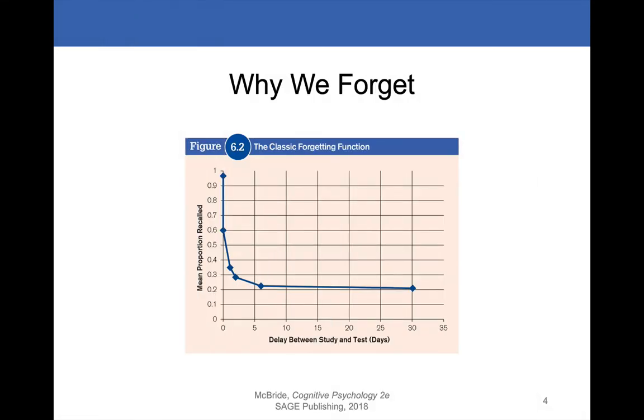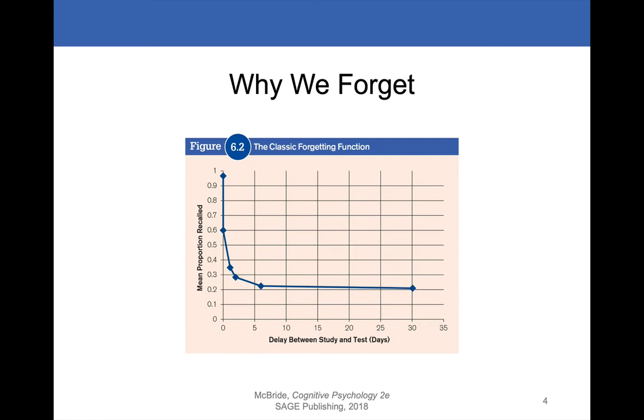This is a picture of Ebbinghaus's classic forgetting curve. Along the x-axis, we have the number of days between study and test. So each one of these dots on this line represents a different time that you were tested on something that you studied there at time 0. And along the y-axis, we have the mean proportion of the nonsense syllables or the list of words that you recalled.